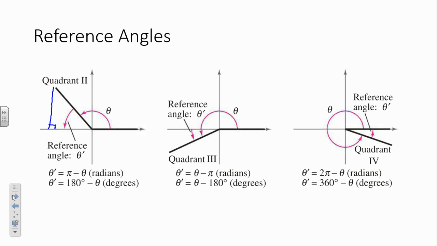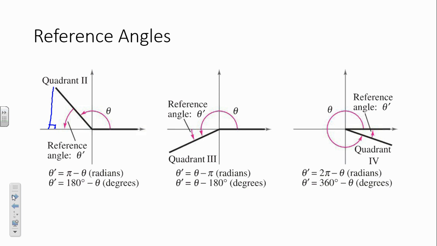And so if we want to know what this reference angle is, then we need to say, okay, well that's not 180, it's just short of 180 or pi, right? So we take pi minus that theta if it's in radians, or we take 180 minus the measure if it's in degrees. So if this was a 135 degree angle, then 180 minus 135 is going to get us 45. So this would be a 45 degree angle in the second quadrant.